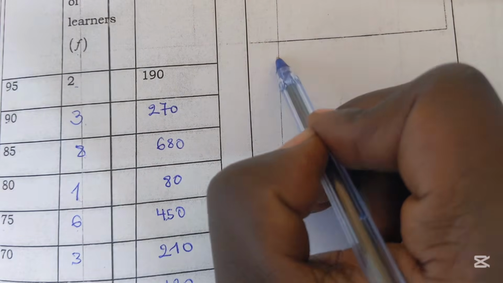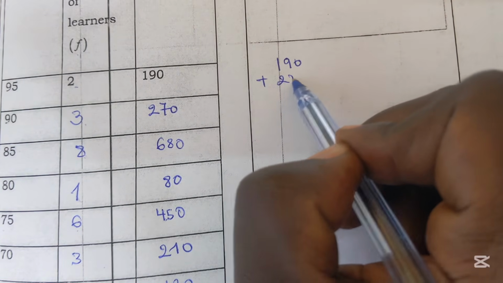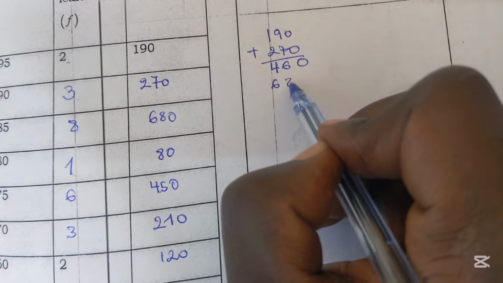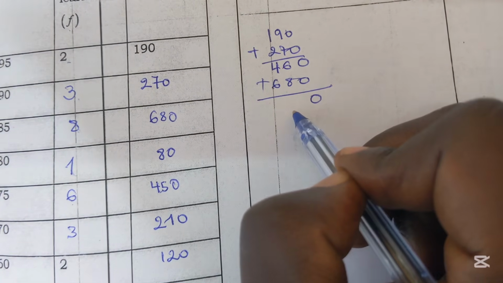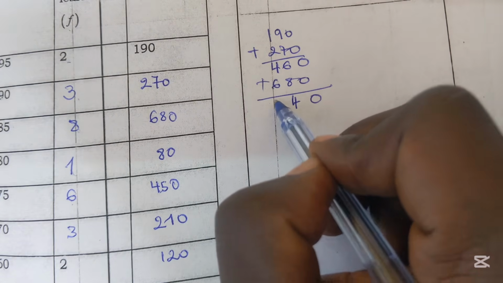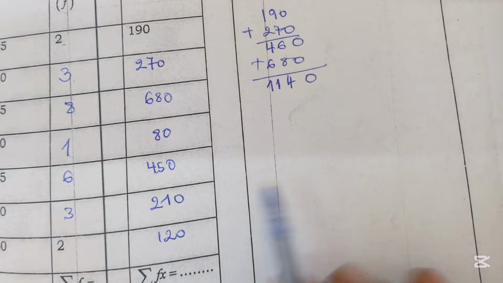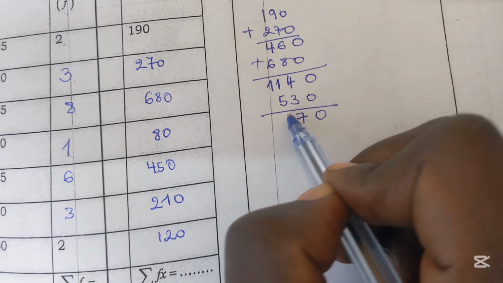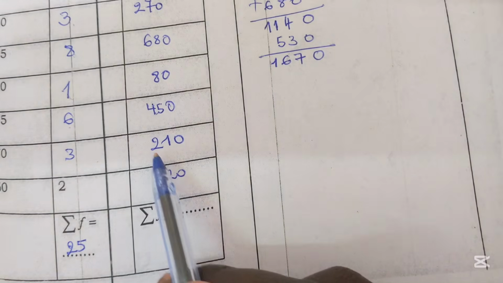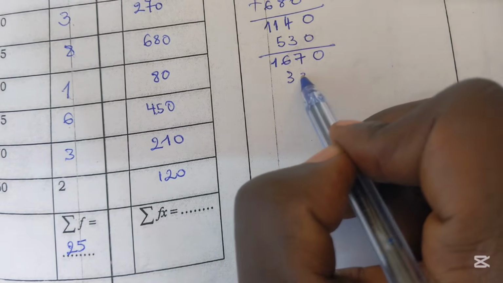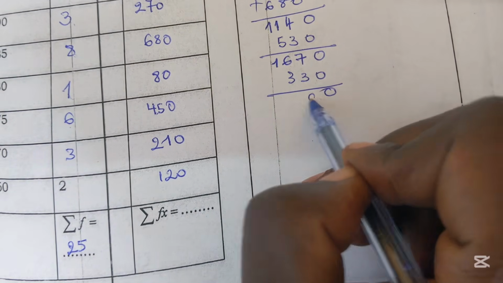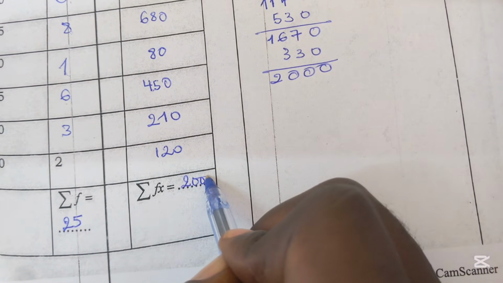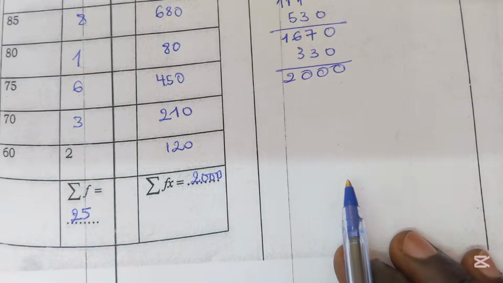Whereas here we shall add 190 plus 270, then plus 680, plus 530, plus 330, and we get 2,000.